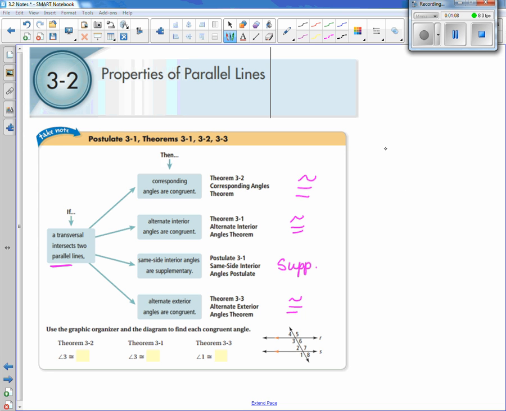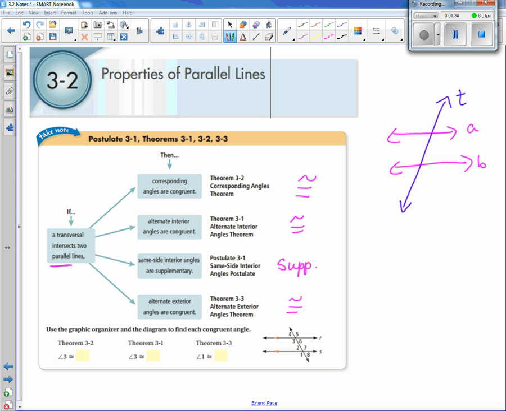Well, it should not be a mystery. You should be able to tell in the directions or in the diagram, one or the other. For instance, if I draw this particular line pair, and we're going to call these lines A and B, and then I cut them with a transversal, which we can call line T, okay?